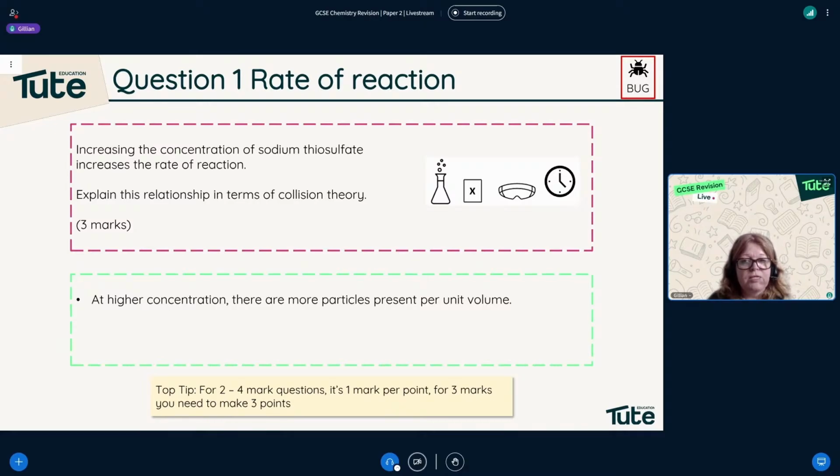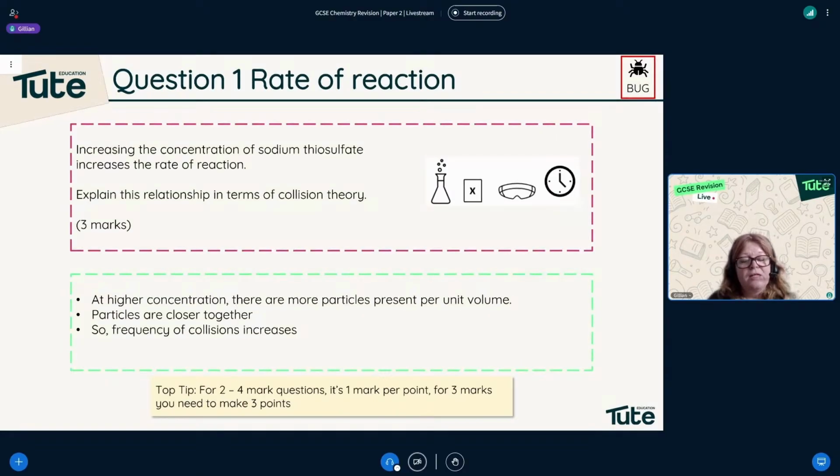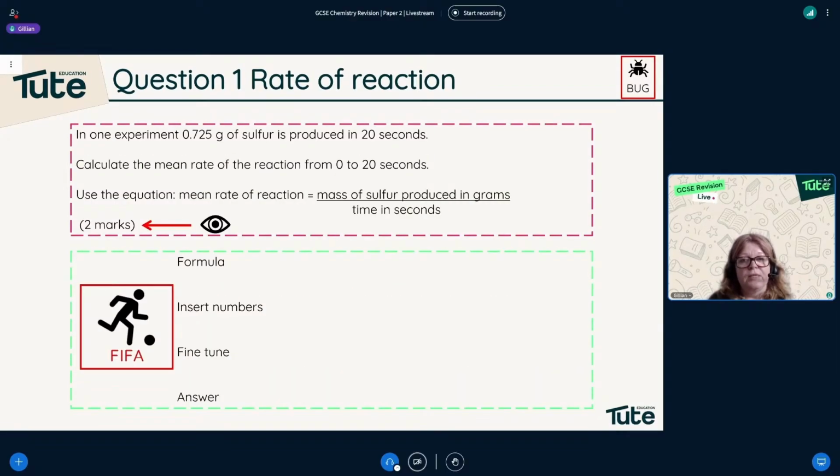So there's more particles present in that volume of sodium thiosulfate when we are increasing the concentration. If there are more of them per unit volume, it means that these particles are closer together. If these particles are closer together, you are going to be increasing the frequency of collisions. So make sure you are really familiar with collision theory.